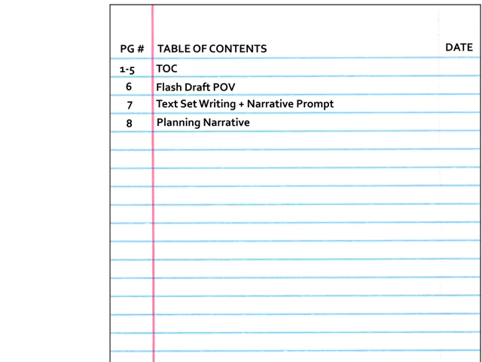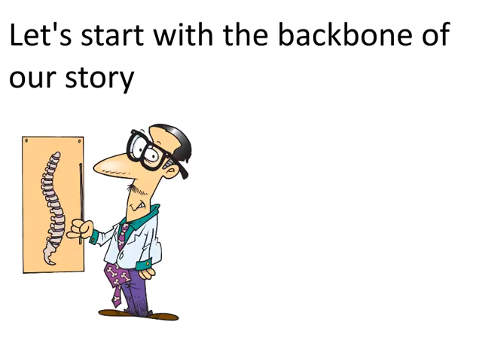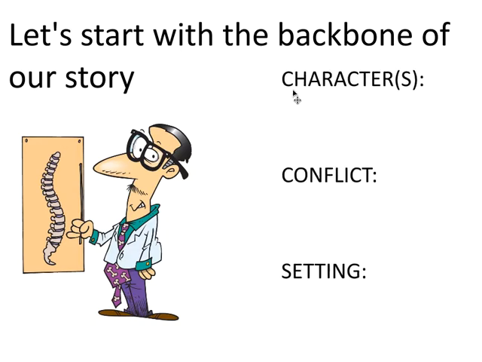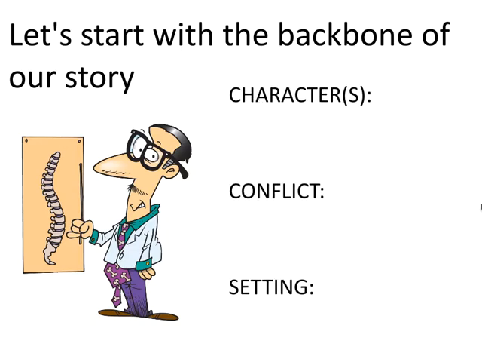So today, your goal is to actually plan your narrative, and we're going to have you do that in your composition notebook. So if you want to add planning narrative to your table of contents, that would be great. For me, that's page 8, but for you, that might be another page. So let's start with the backbone of our story. The backbone of any great story is the characters, the conflict, and the setting.